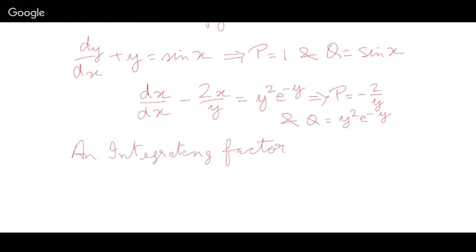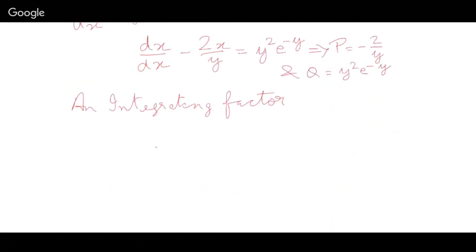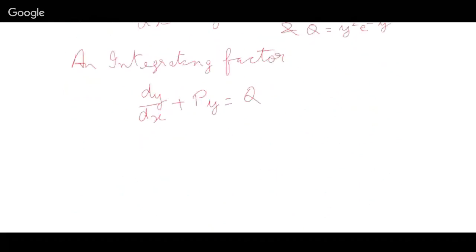So let us have a look at one of the forms which we have discussed earlier, that is dy by dx plus py is equal to q. So now we multiply this given differential equation by a quantity which is e to the power of integral p dx.